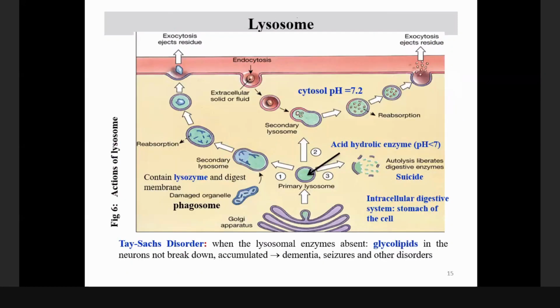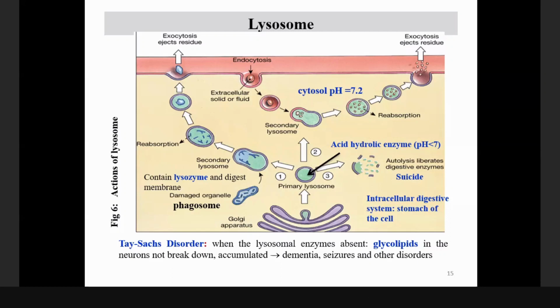The next organelles are lysosomes. Lysosomes are circular, ring-like structures found in your cytoplasm, and these lysosomes are mainly important to digest foreign bodies, such as bacteria that enter the cell.